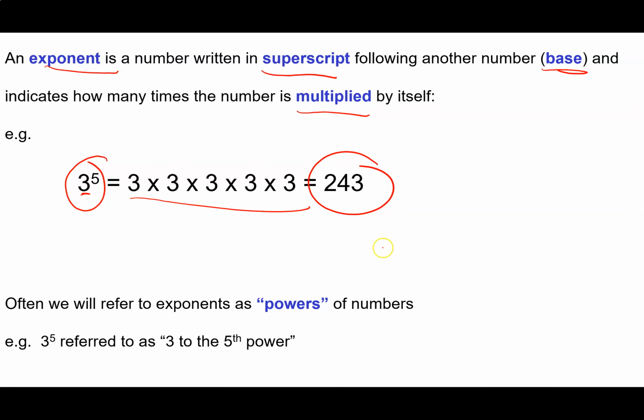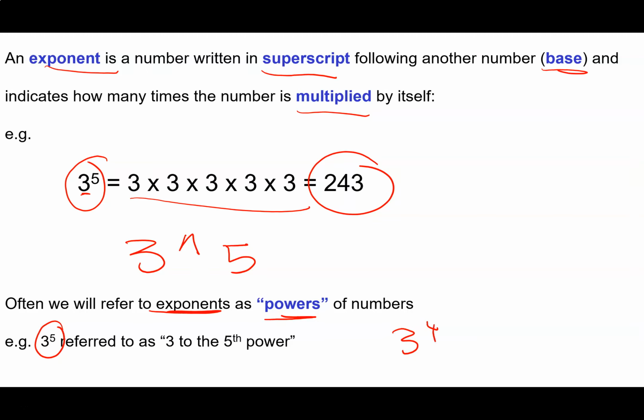For most calculators, you use what's called the caret symbol, which looks like a pointy little hat. Often we refer to exponents as powers. So we would refer to this as 3 raised to the 5th power, and if we had this, we would say 3 raised to the 4th power.